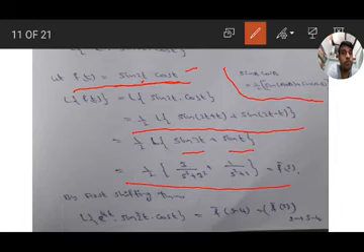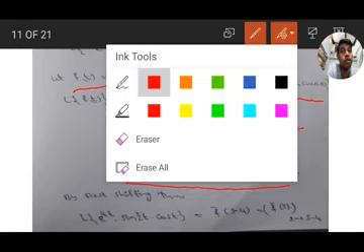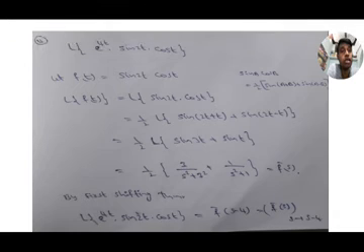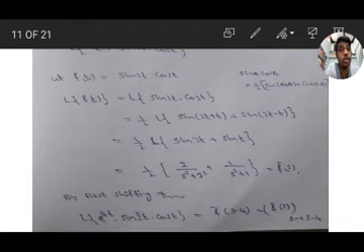So the Laplace transform of f of t, that is sin 2t cos t, is 1 by 2 into 3 by s square plus 3 square plus 1 by s square plus 1. That value is f bar s. Then we use the first shifting property for e to the power of 4t into sin 2t cos t.